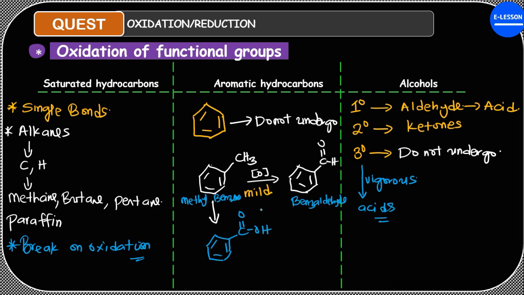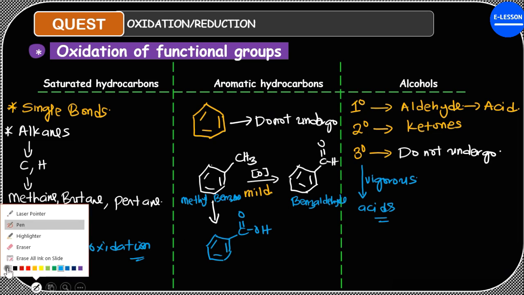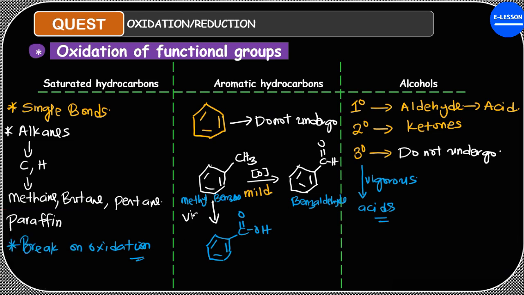If this methylbenzene undergoes vigorous condition, I mean a very strong oxidizing agent, it will convert it to carboxylic acid.